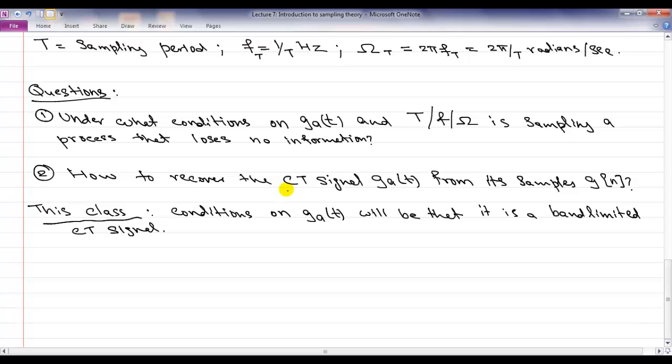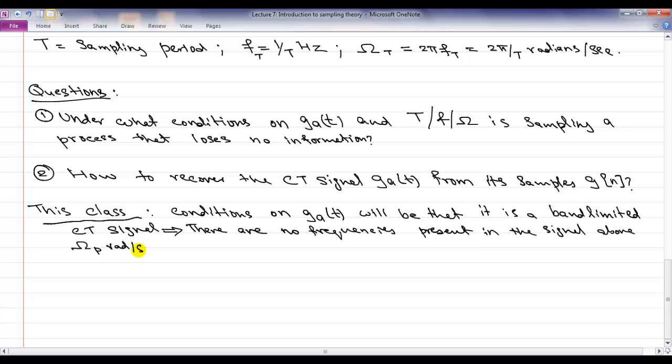So let's first understand the meaning of a band-limited signal. A band-limited signal is a signal in which there are no frequencies present in the signal above, let's say, omega_p radians per second, or equivalently f_p hertz.